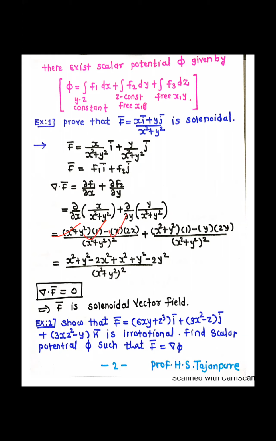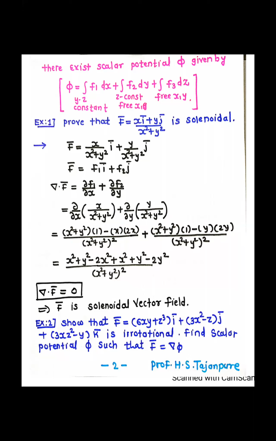Then numerator as it is, and denominator its derivative with respect to x is 2x, y being a constant, over the denominator squared, x square plus y square bracket square. Plus, with respect to y: denominator as it is, numerator its derivative 1, then numerator as it is and denominator its derivative with respect to y, that is 2y, upon the denominator squared. We have just taken the derivatives.